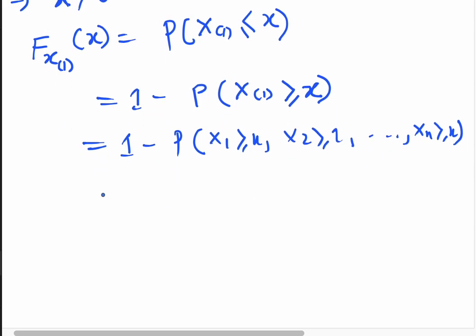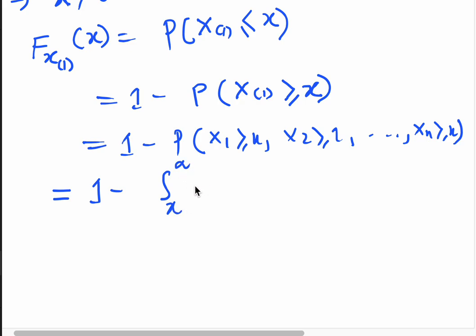And since all are IID random variables, this is 1 minus the integral from x to infinity, since all variables go from theta to infinity, so x to infinity, of e to the power minus (x minus theta), all to the power n.